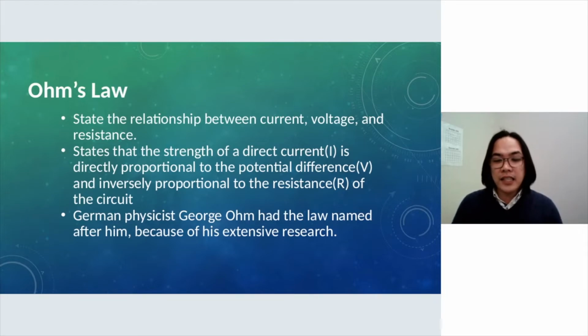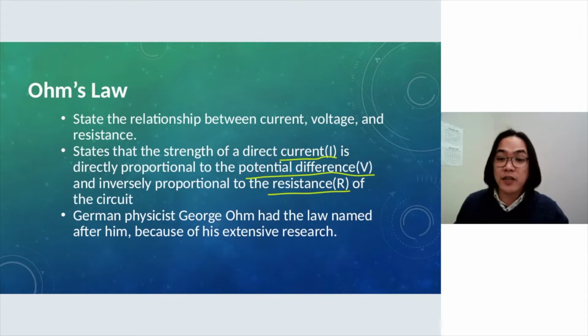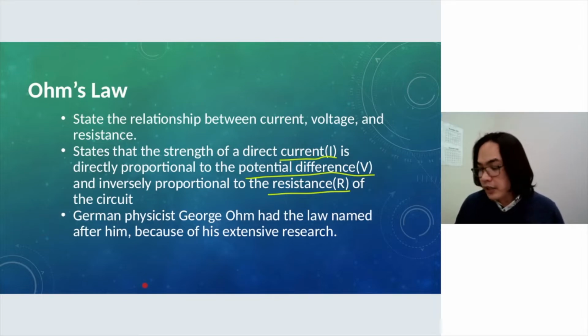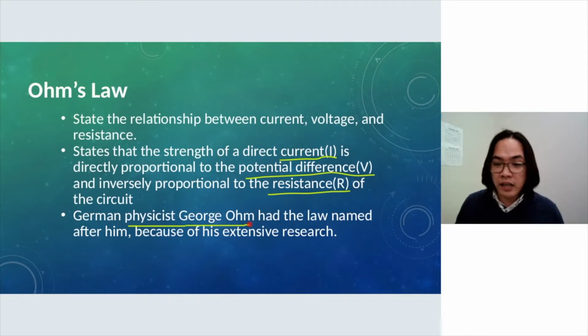It states that the strength of a direct current is directly proportional to the potential difference or voltage and inversely proportional to the resistance of the circuit. So German physicist George Ohm had a law named after him because of his extensive research. So the name of the physicist is George Simon Ohm.